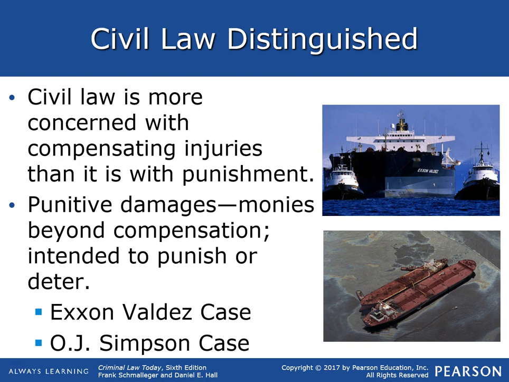Now, perhaps again the most famous example of that would be the O.J. Simpson case, the 1995 wrongful death suit filed against O.J. Simpson by the family of murder victim Ronald Goldman. The suit demanded monetary damages for what the plaintiffs claimed was Simpson's role in the wrongful death of Ronald Goldman, and it alleged that Simpson and possibly another unknown defendant caused Ronald's death.